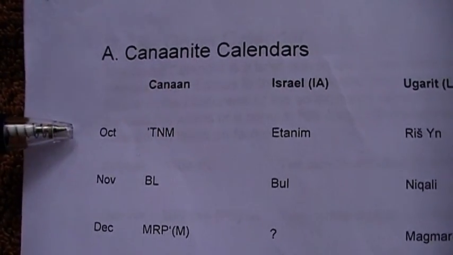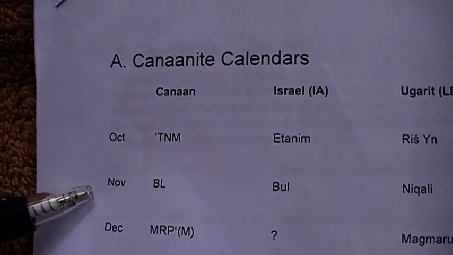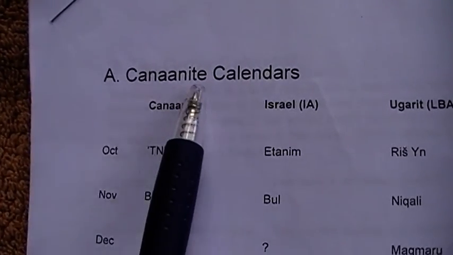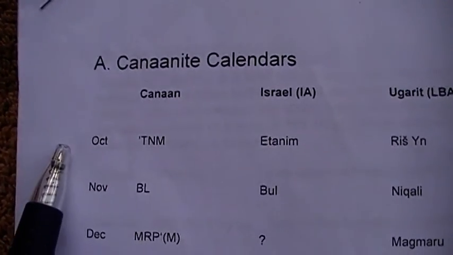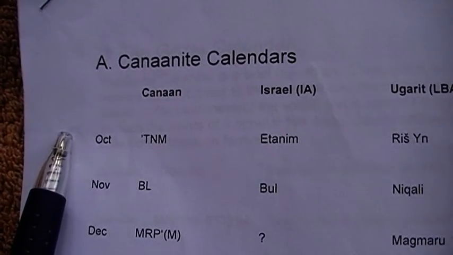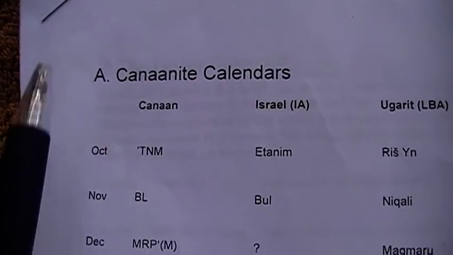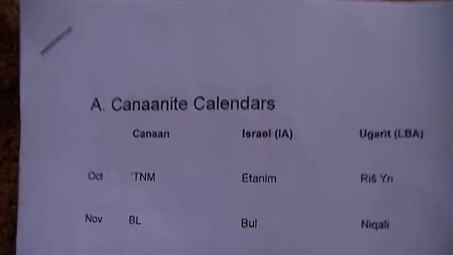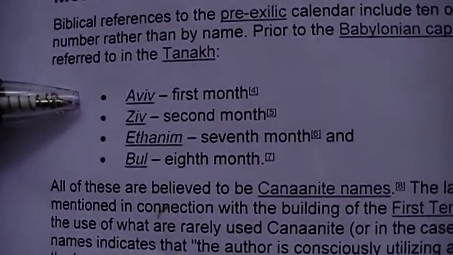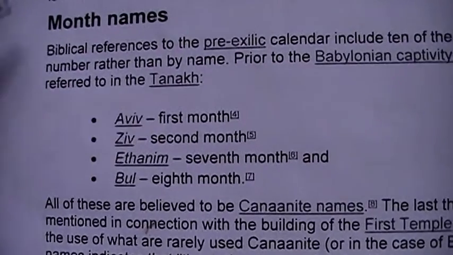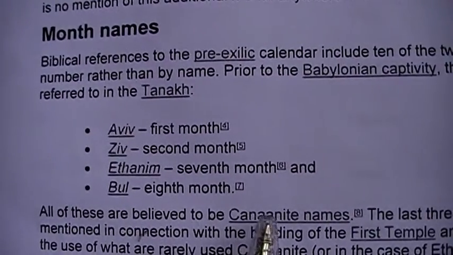Rosh Hashanah. Abib is a Canaanite name and is the first month of the Canaanite calendar.